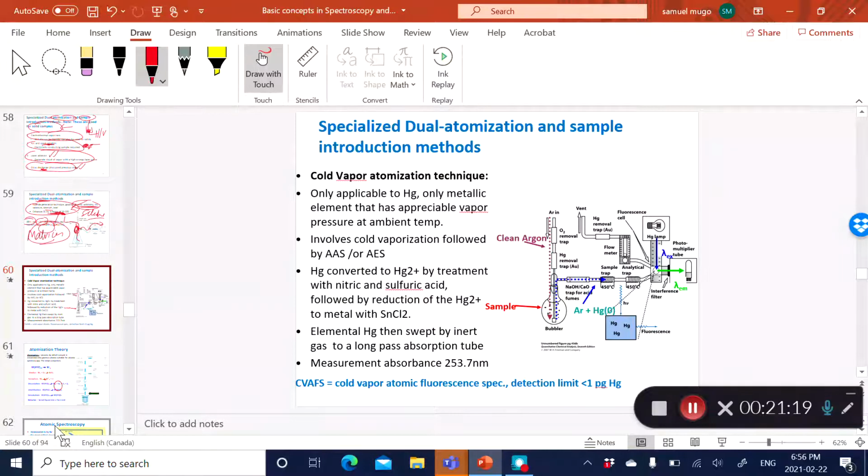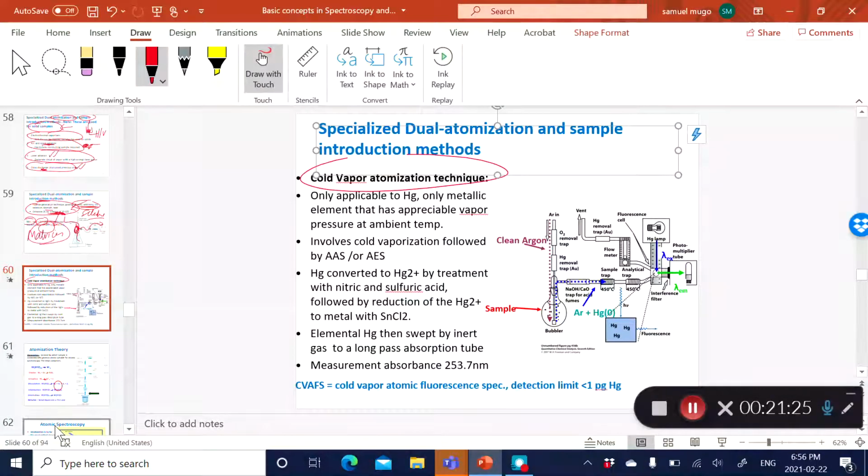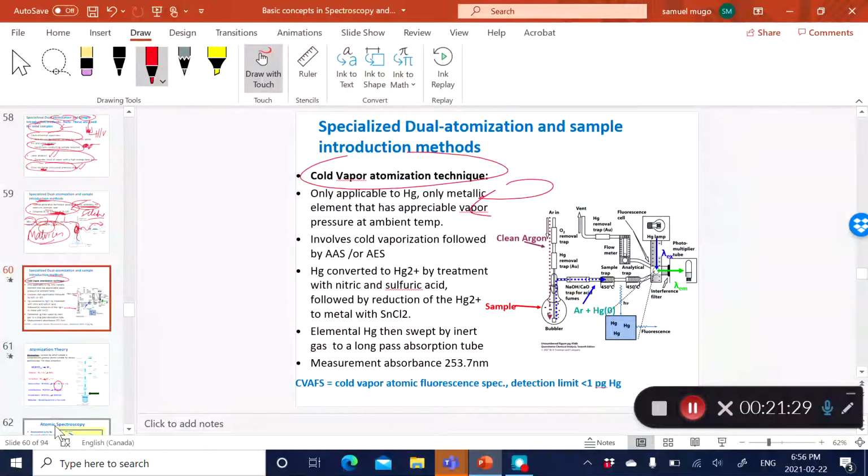Another method of sample introduction that is fairly specialized is what you refer to as a cold vapor atomization technique. And this one is only very selective for mercury. Now, mercury, we all know, is a very unique type of metal because it's fairly volatile. It's got a fairly high vapor pressure.